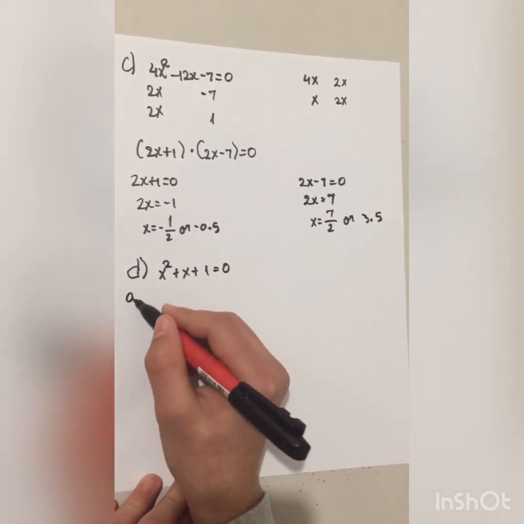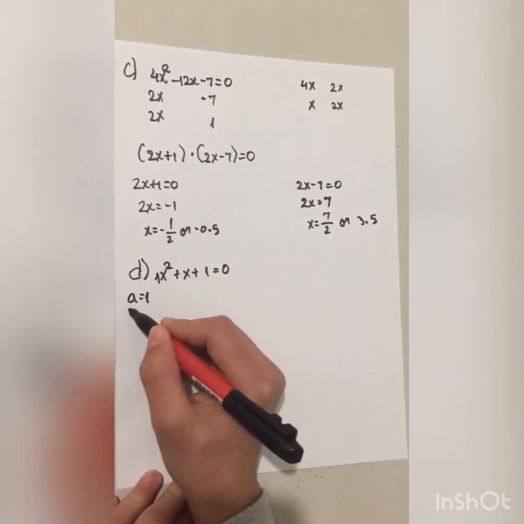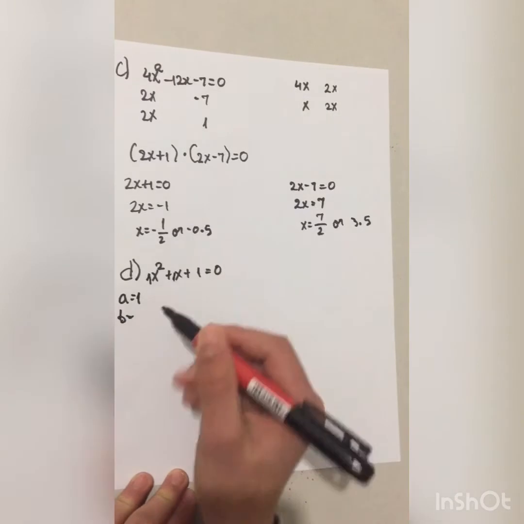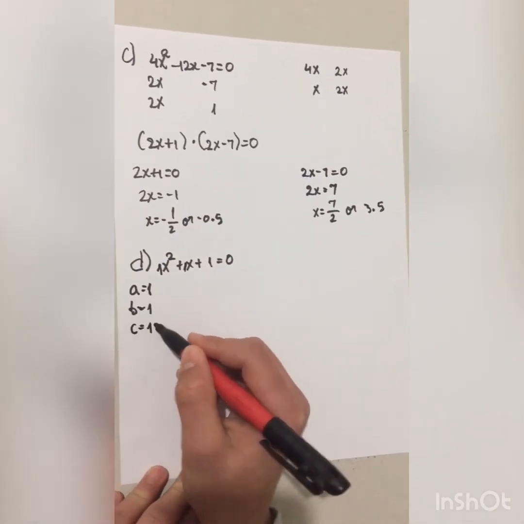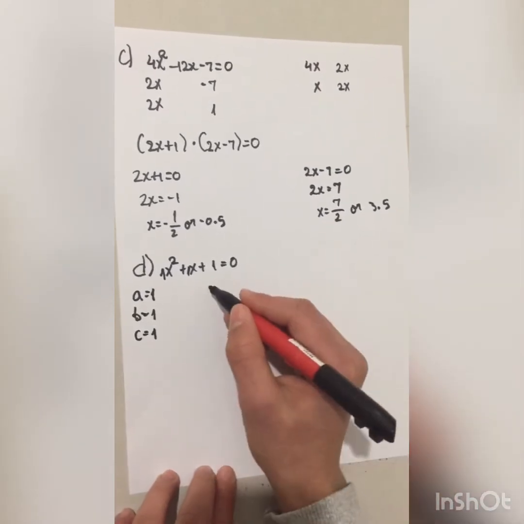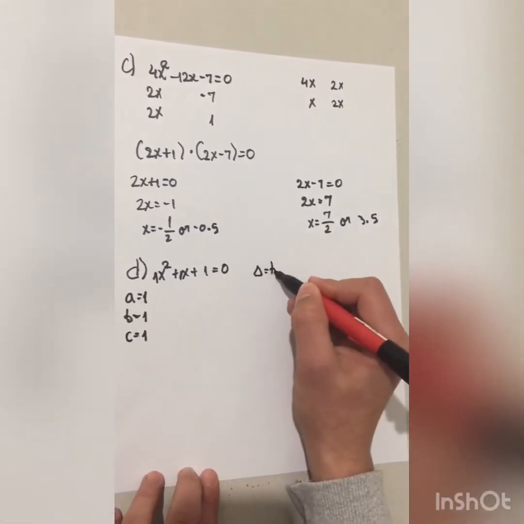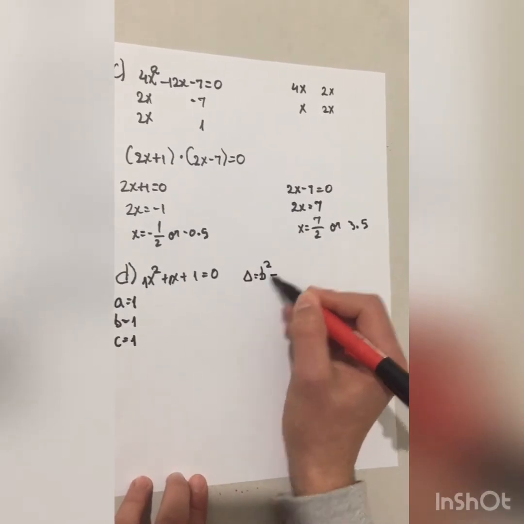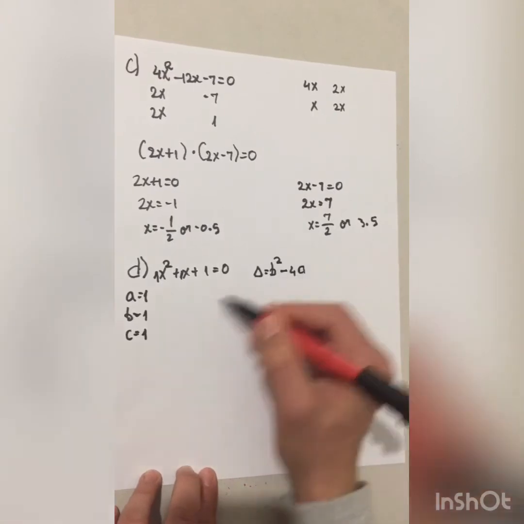Here a's coefficient is 1. b's coefficient is 1 because it's 1x. And c is also 1. Here we are going to use delta too. Delta is equal to b squared minus 4 times a and c.